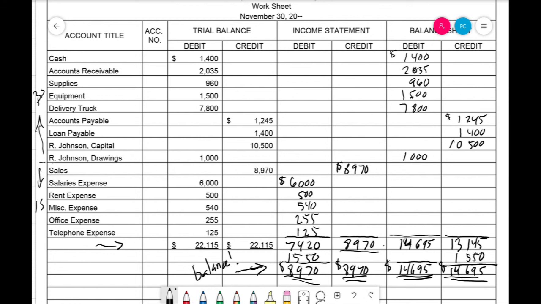Okay, so that's how the worksheet works. What you're doing is you are updating your capital account right here, to reflect that you've made money by selling more than the expenses incurred.